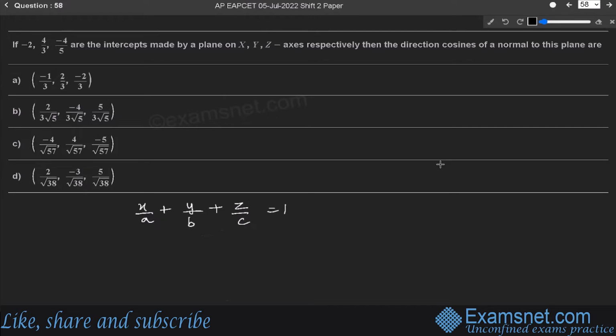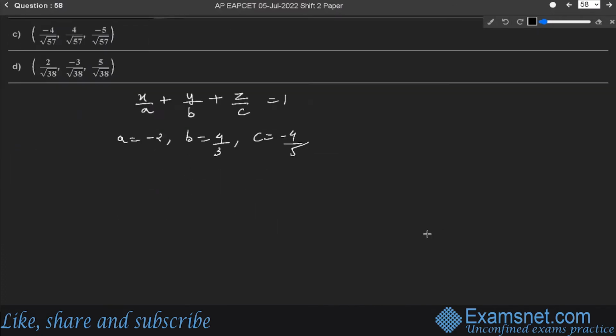So according to the given points, a is equal to minus 2, b is equal to 4 by 3 and c is equal to minus 4 by 5, the equation here becomes 2x minus 3y plus 5z is equal to 1. Here a will be equal to 2, b will be equal to minus 3 and c will be equals to 5. Now we have to calculate the direction cosines.